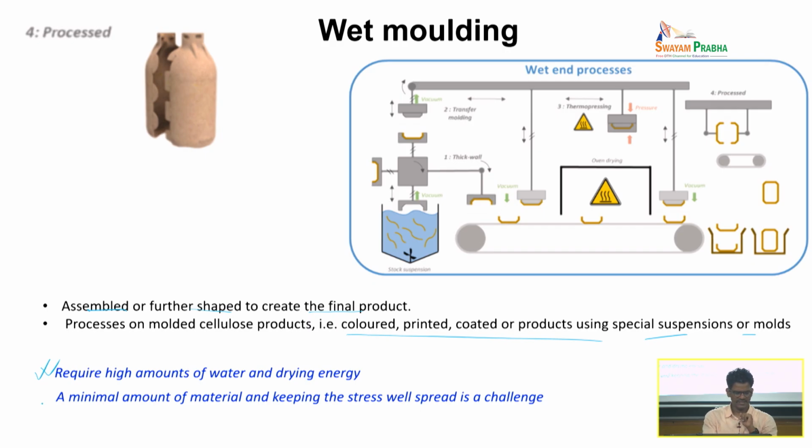One of the key challenges in this process is how to use a minimal amount of material and keep the stress evenly distributed so that it has adequate durability and functional use. If you try to decrease the amount of material, meaning you are looking for a thinner one, then you have an issue of whether the stress is equally distributed or not. Those are the two challenges.